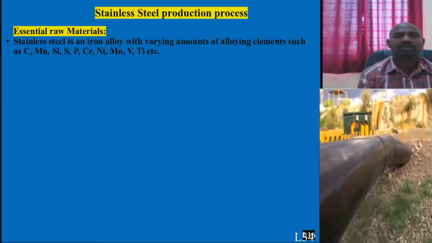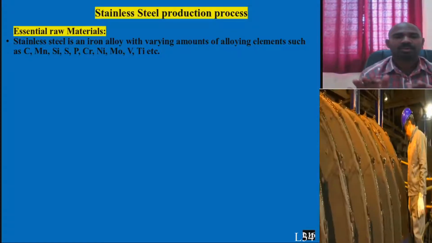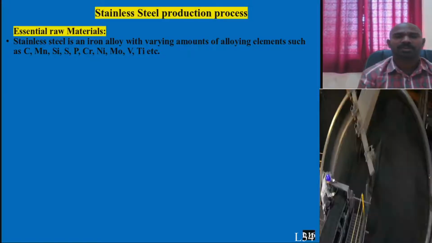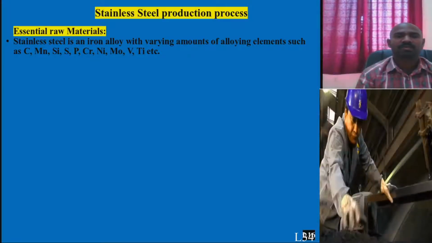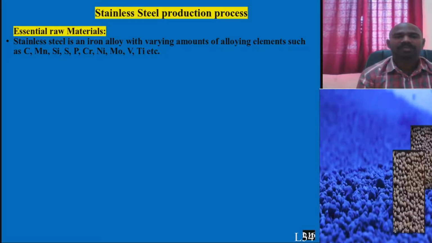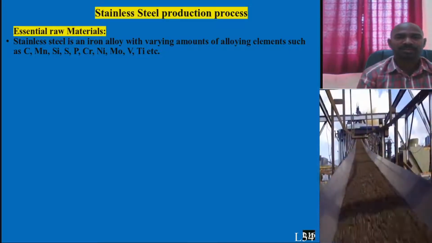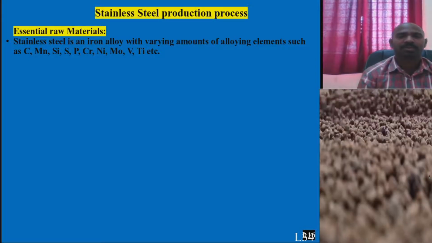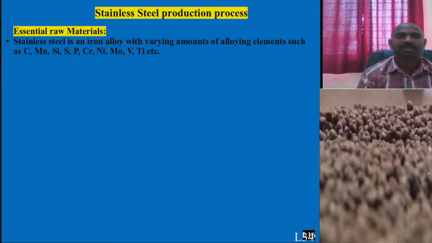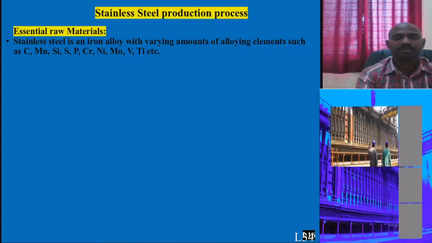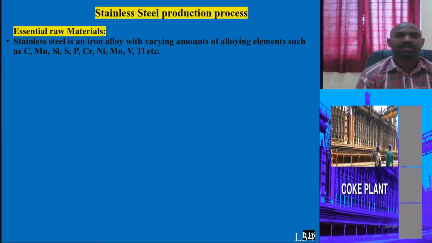To make steel into stainless steel, the important alloying elements are chromium and nickel, and to improve properties based on applications, molybdenum, vanadium, titanium, and copper are also added. That is the raw material part.